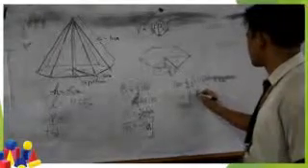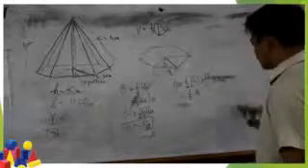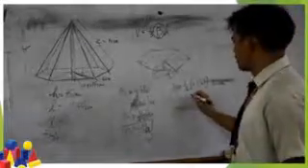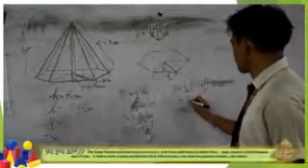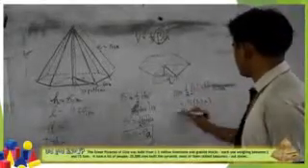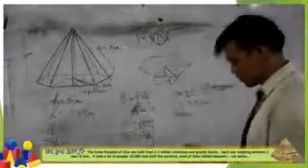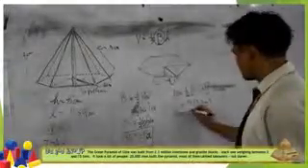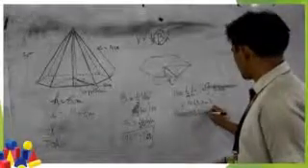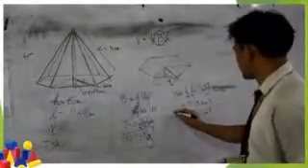So that would be 1/2 times 36, which is 18, times 5.2 centimeters. So the base area would be 93.6 square centimeters.